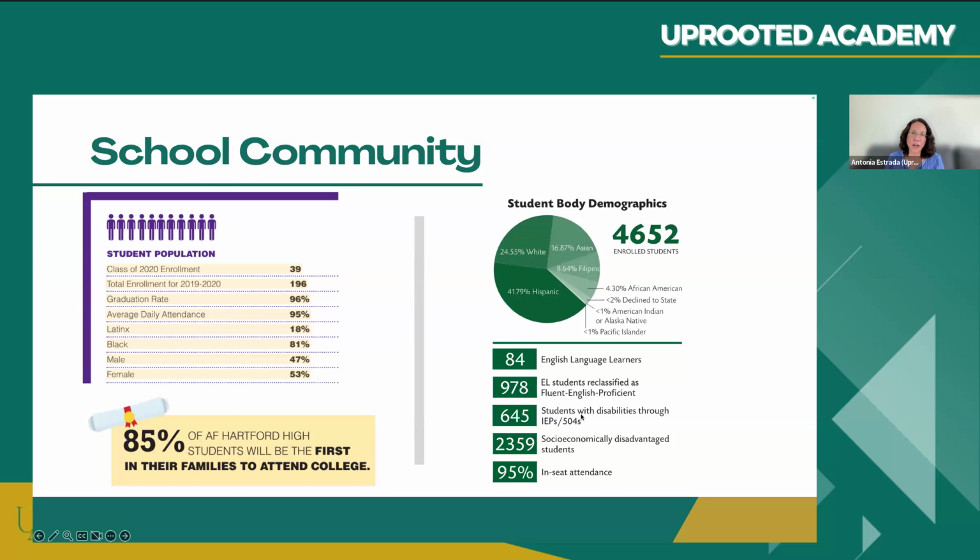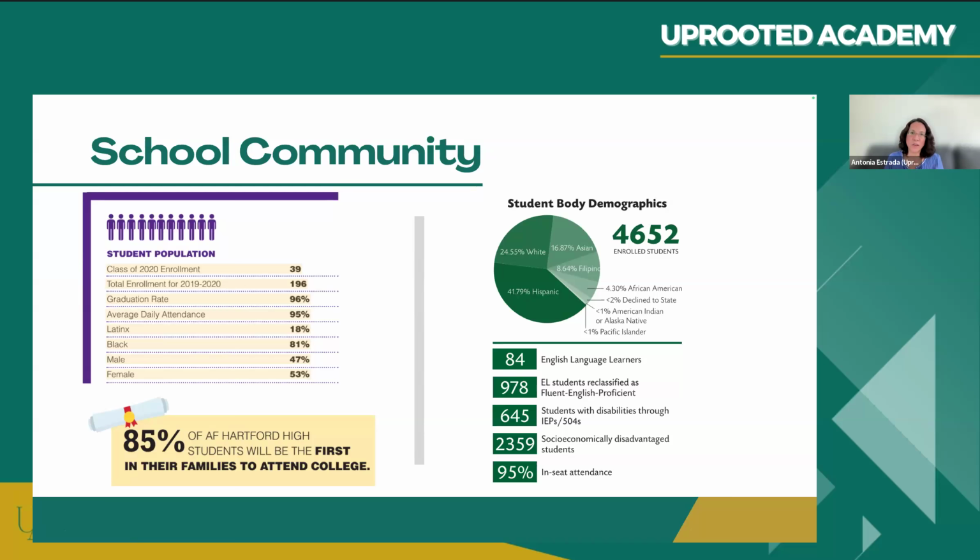And then they've also highlighted other information about their students that they felt important, like the number of English language learners, the number of students with disabilities through IEPs, and also the number of students who are socioeconomically disadvantaged, which I think is the same as students receiving free or reduced price lunch. I guess they've chosen to use that wording.